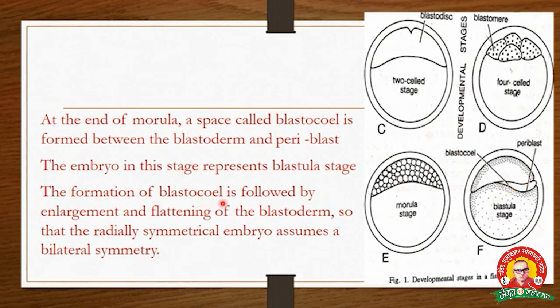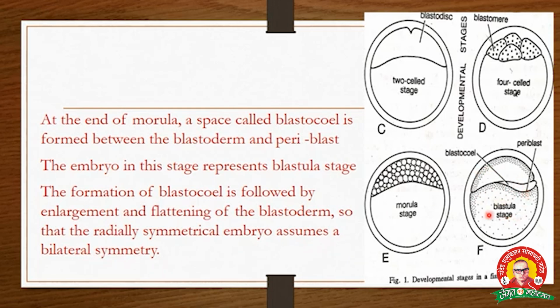The formation of the blastocoel is followed by enlargement and flattening of the blastoderm, so that the radially symmetrical embryo assumes a bilateral symmetry.